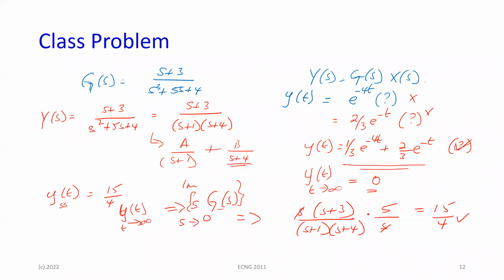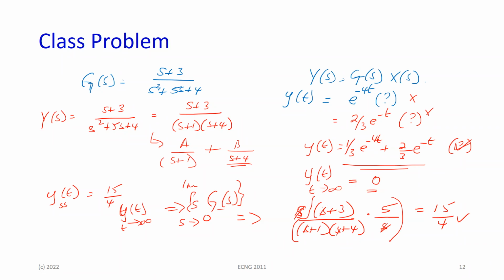SGS, remember GS is this bit here from the previous slide. So you multiply that by S and then set S going to 0. Right? So these two S's cancel out. And then if S goes to 0, you have 15 over 4. Right? Okay, understood, sir. Thank you.